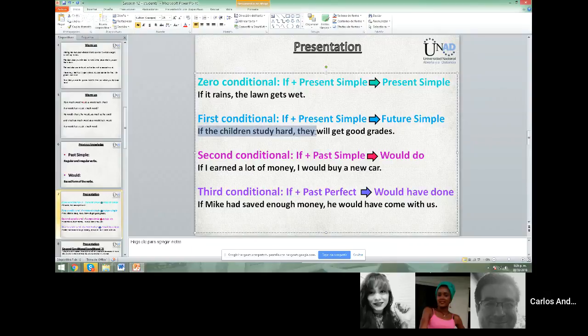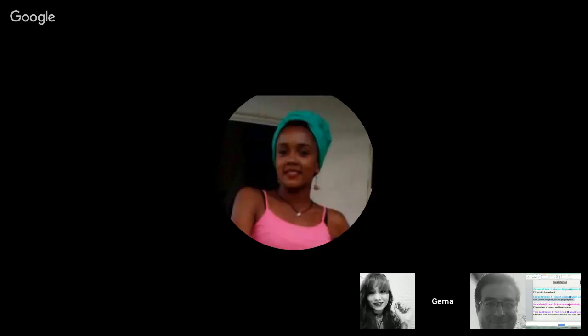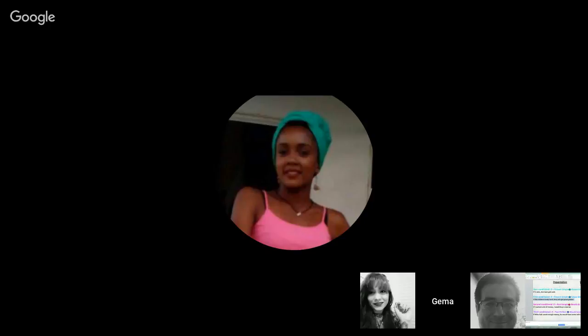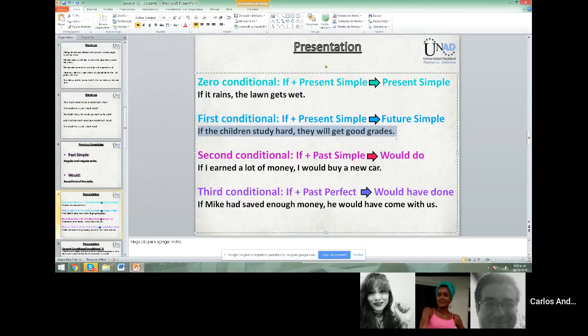Hema, read this example, please. If the children study hard, they will get good grades. So this is in present simple and future simple. So why or when do we use the first conditional?